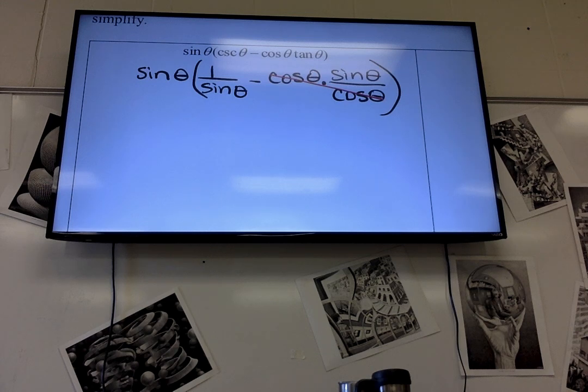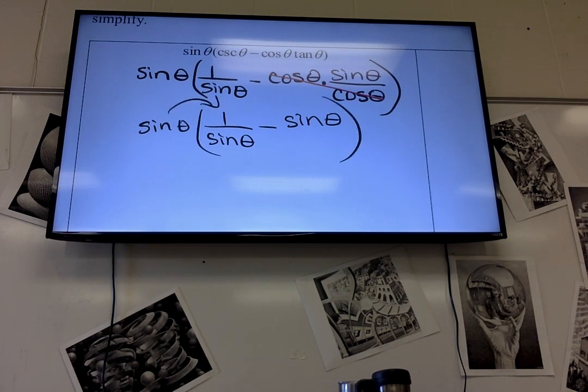So, yes. If you want to rewrite it here, I'd have sine of theta times 1 over sine of theta minus sine of theta. Now I would distribute. We could go ahead and bow tie, but I think it'd be easier to distribute.